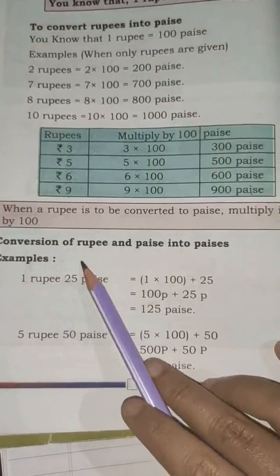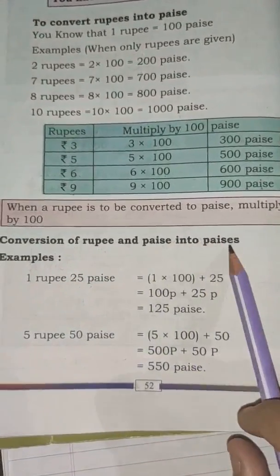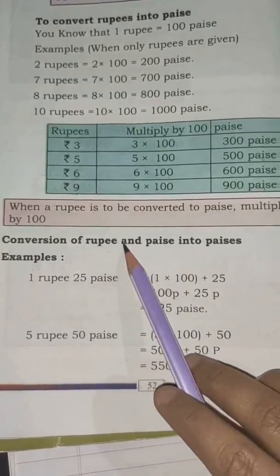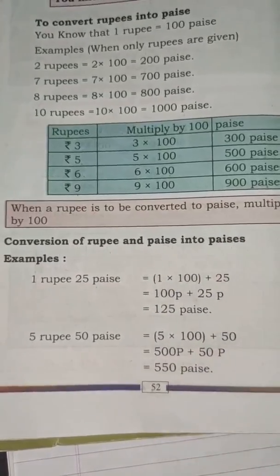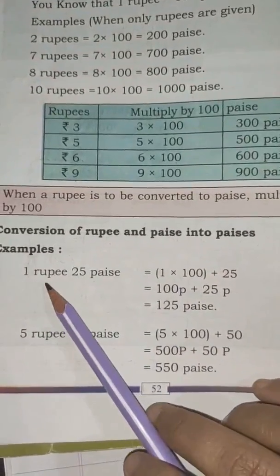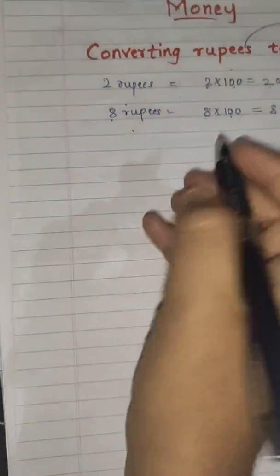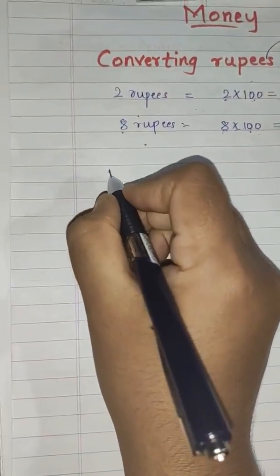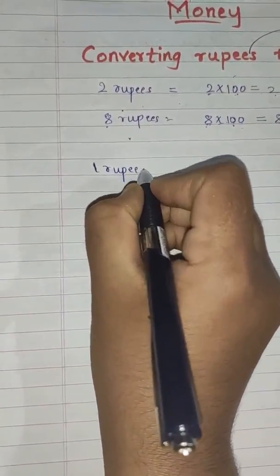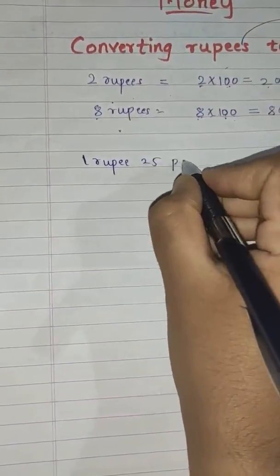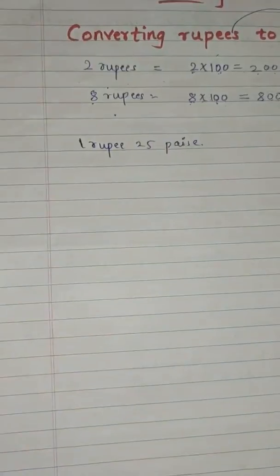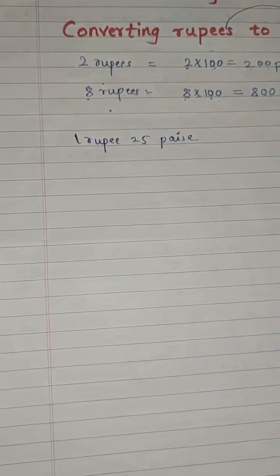So conversion of rupees and paise into paise. How do we have to convert the rupees and paise into paise? Okay, let us take one example here. 1 rupee 25 paise. Okay, so here I am going to write this example. 1 rupee 25 paise. Let us see how to convert the rupee and paise into paise.